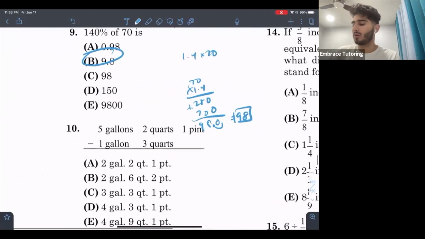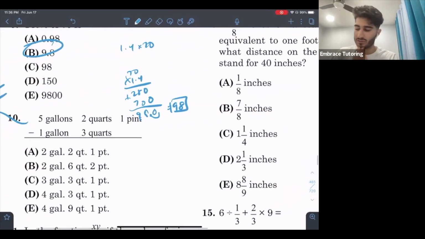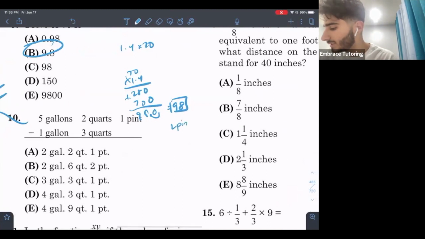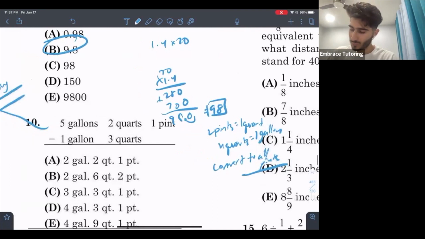Question 10 is a very tricky problem. So what I would do here is realize that there are 2 pints in 1 quart, 4 quarts in 1 gallon. So what I would do here is convert to all pints. Make it easy.